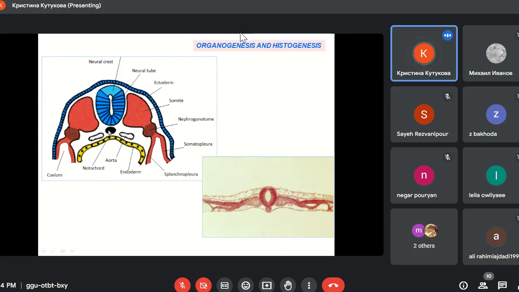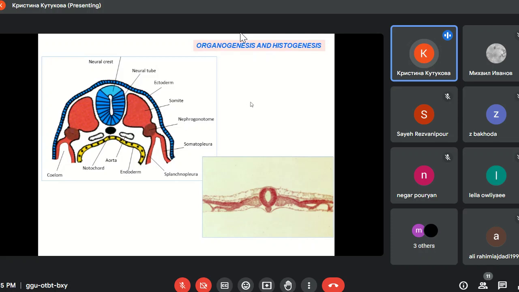This is notochord, and these are somites, somite stalks, and lateral plate mesoderm. Somite stalk, whose other name is nephrogonotome. In this name, the names of the structures, the organs that will develop from it, are encoded.